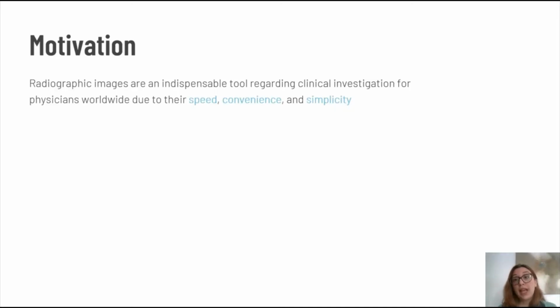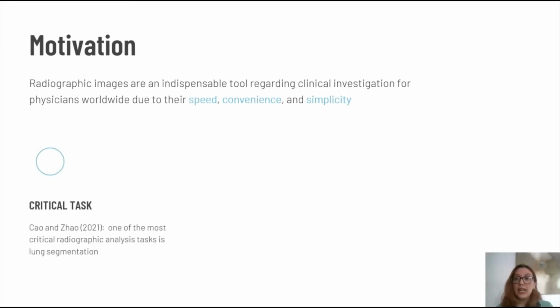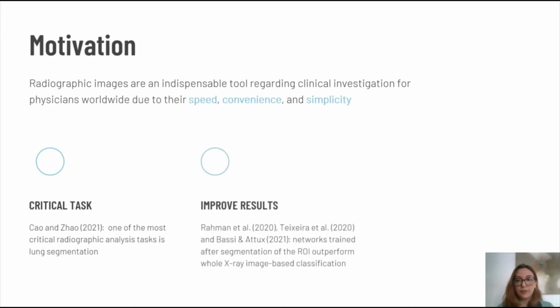Some of you might be asking why this is important. Well, first of all, radiographic images are an indispensable tool regarding clinical investigation for physicians worldwide due to their speed, convenience, and simplicity. Secondly, we can say that lung segmentation is one of the most critical radiographic analysis tasks due to the variations in opacity in the lungs, making it a complex region to segment.